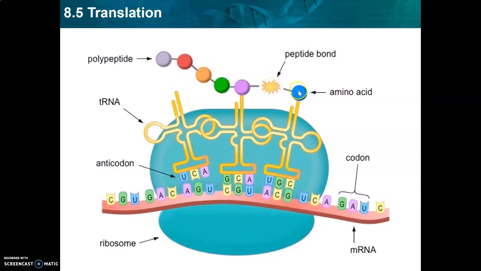The peptide bond is forming between amino acids to make this protein chain. And this process continues until we reach a stop codon on the strand of mRNA. When the ribosome gets to the stop codon, the process is finished, everything disassembles, and this amino acid chain is free to become a fully functional protein.